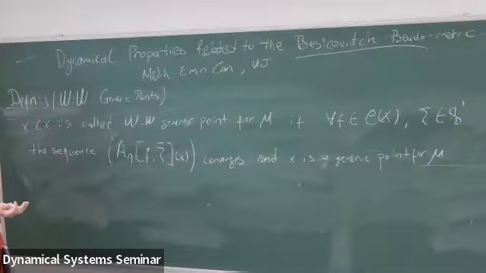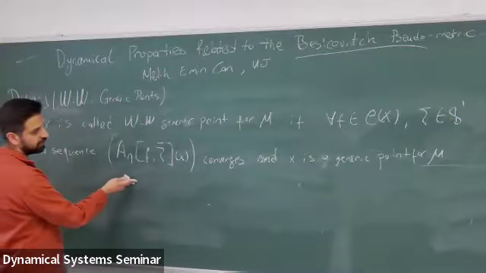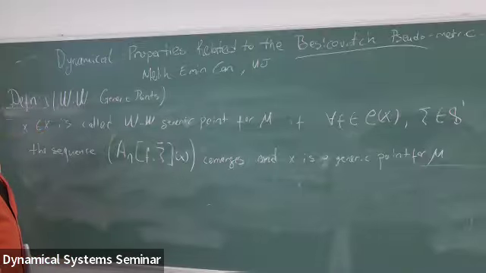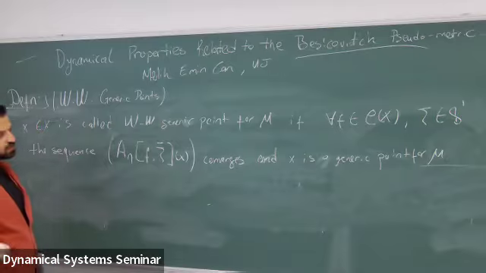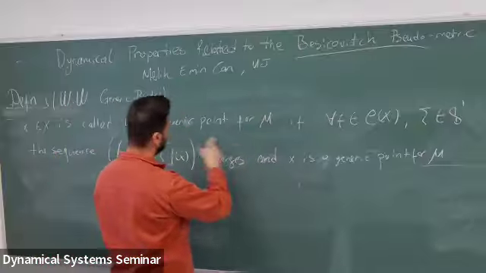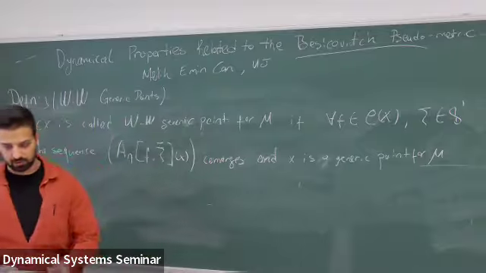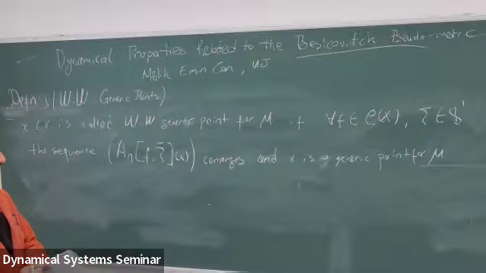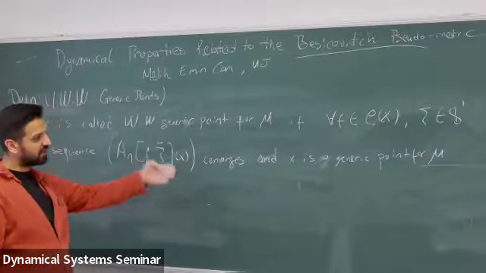From the linear property we can say the sequence converges, but we don't know whether x is a generic point for mu or not, because we just know the existence of the limit. For this notion, we know x is a generic point for mu. So when I say linear generic, it means we have a limit and it's generic.